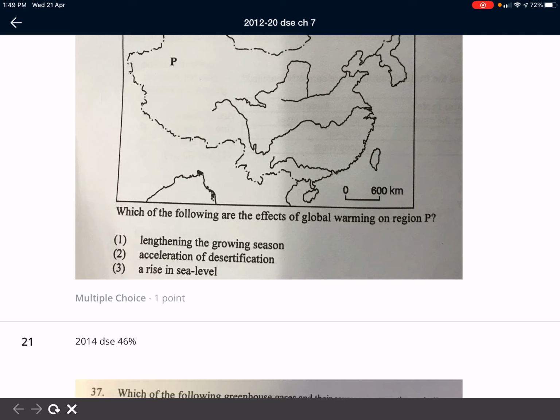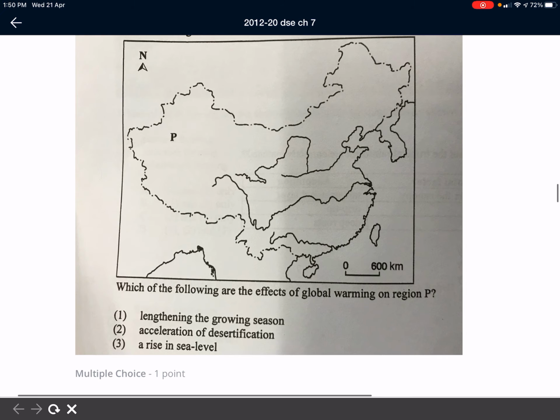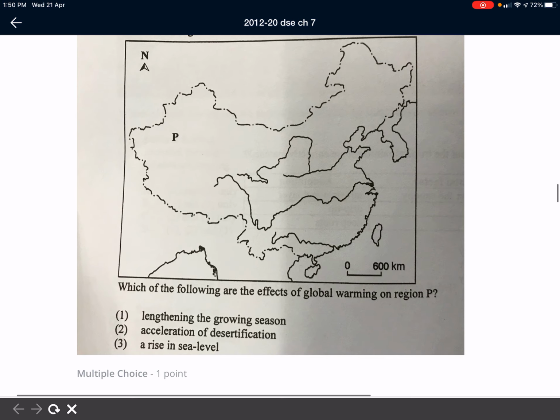Number 20 is talking about what the effects of global warming are in region P. Number 1, the lengthening of the growing season. Is it going to affect this situation? I don't think so... wait a minute.